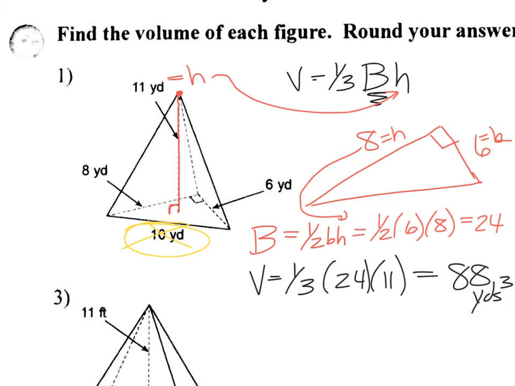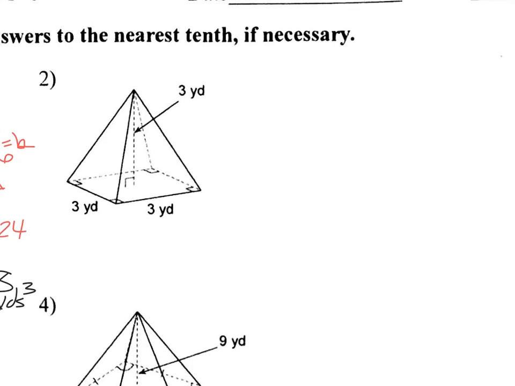Okay. So let's go to number 2. So what's our base figure here? Our base figure here is this square. Okay, so big B, area of a square is length times width, or side squared, so it would be 3 times 3, which is 9.